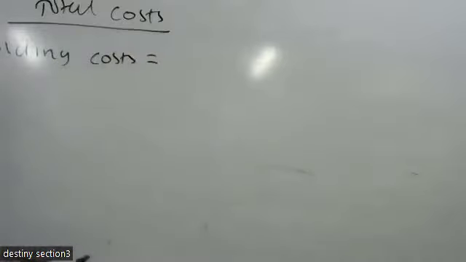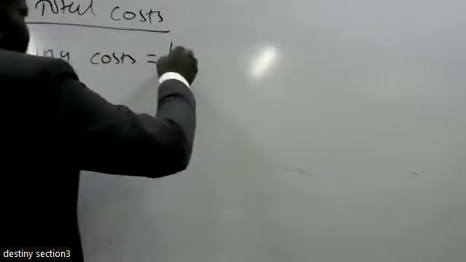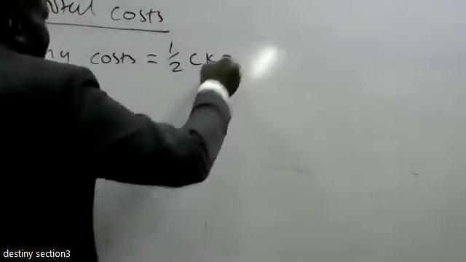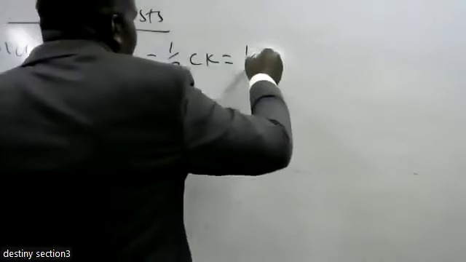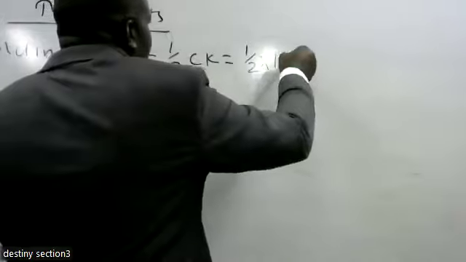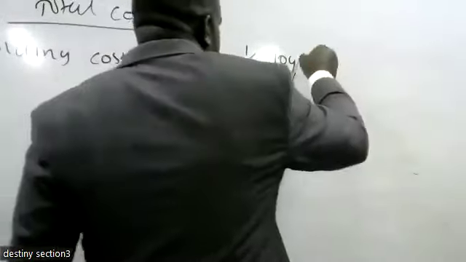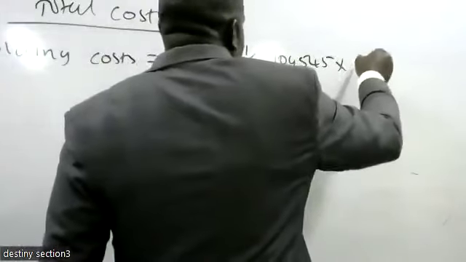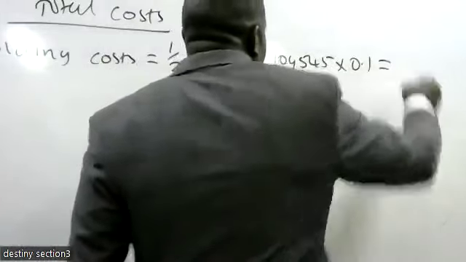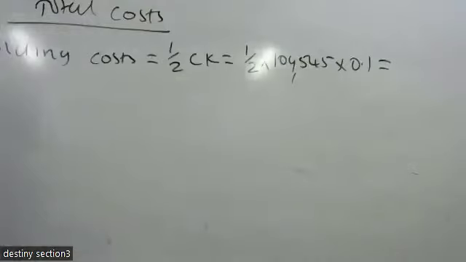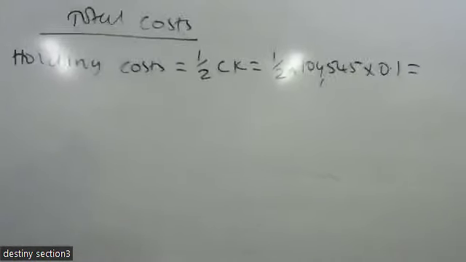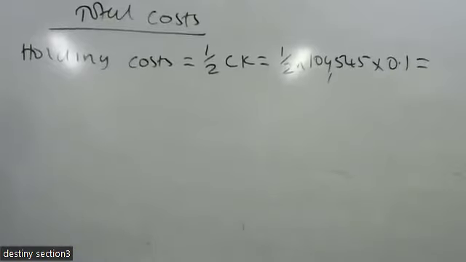Holding cost is equal to a half C K. That is the same as a half of our C, which is 109, that is 54.5, multiplied by our K, which is 10%, the same as 0.1. That should give you the holding cost.